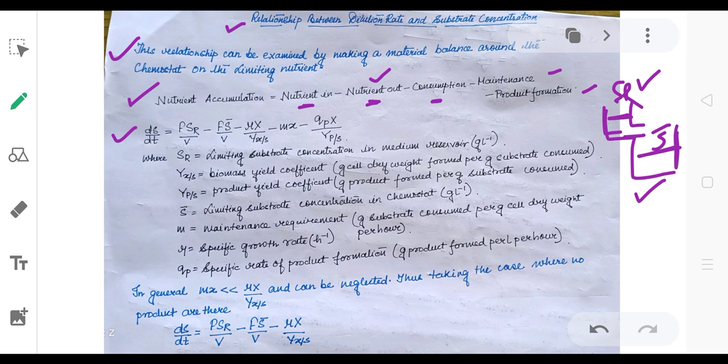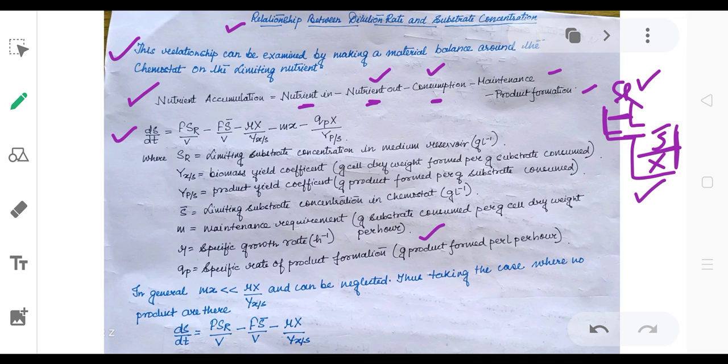Next comes the consumption. How much substrate is being consumed by the microorganism, and that is μX/Y(X/S). What is μ? μ, as we have already learned in the previous part, is your specific growth rate, and X is the total cell number inside the vessel.